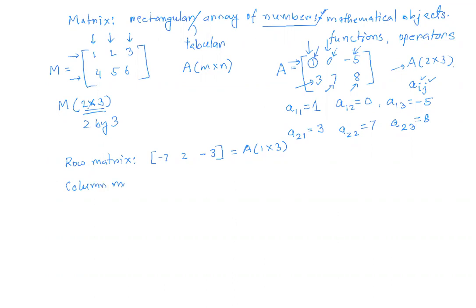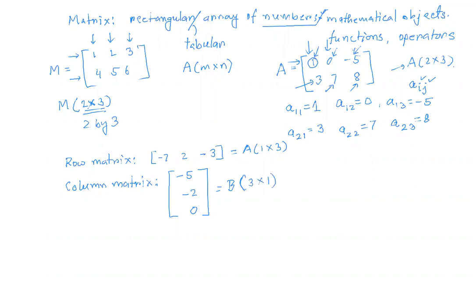As you can probably guess, it is just going to be a single column, like -5, -2, 0. It is just a single column. And this matrix, let's call it B. It has how many rows? 3 rows, and it has 1 column.